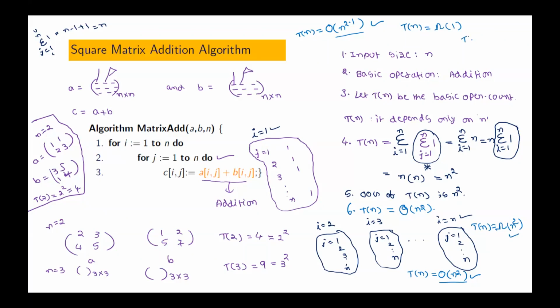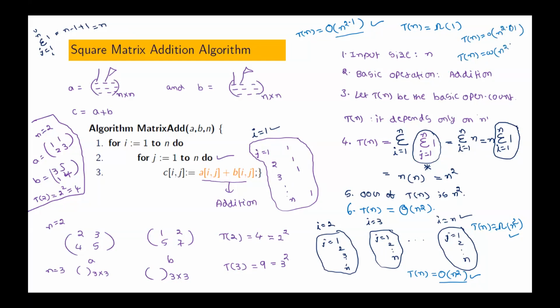Can you give me an answer for T of n in terms of little o? N power 2.1. Is this correct? Yes. If I write n power 2.01, that is also correct. Can you give an answer in terms of little omega?